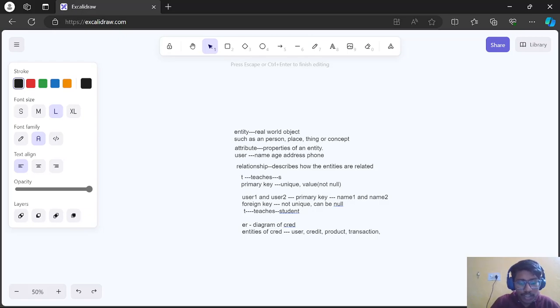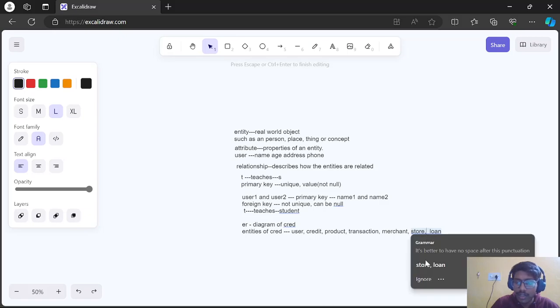And then the merchant, of course. If there is a product that is going to be sold, then someone is needed to sell it, right? That is the merchant. Next would be the store, where the user can buy something that is sold by the merchant. And the loan, where the user can take up some amount. So these are the basic entities of CRED.